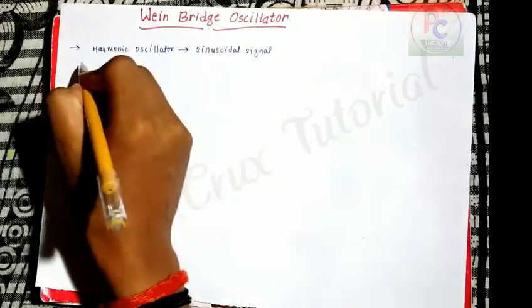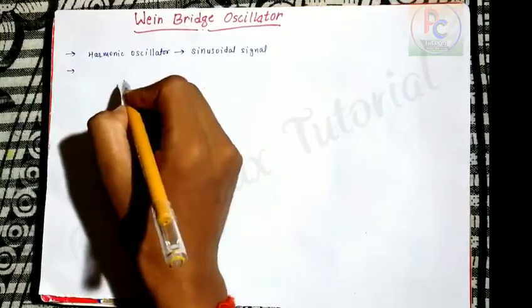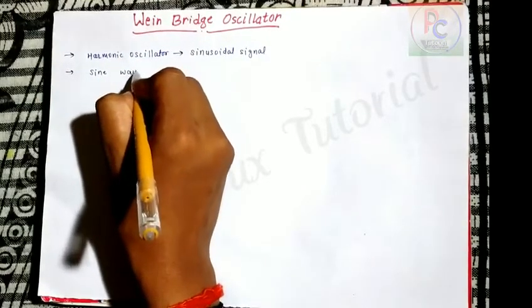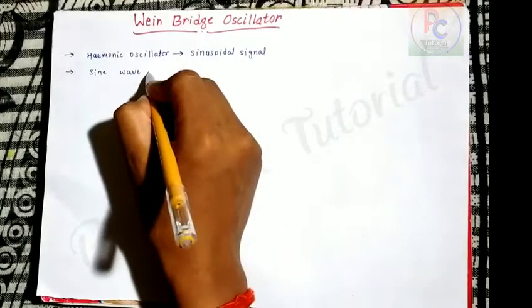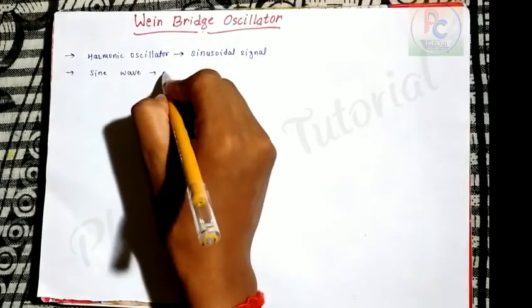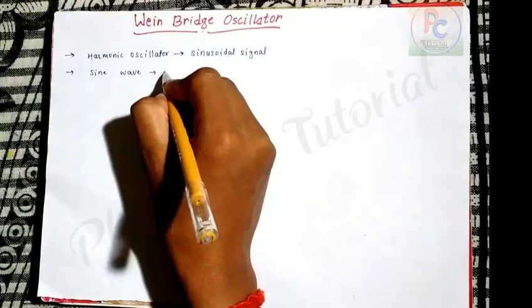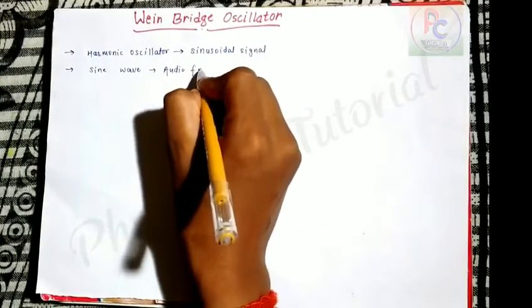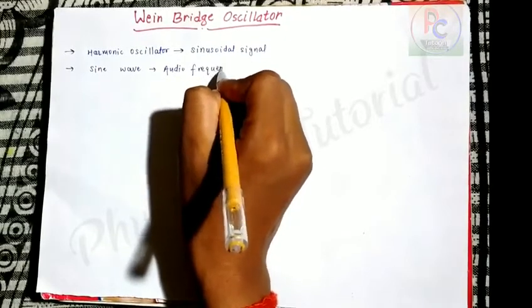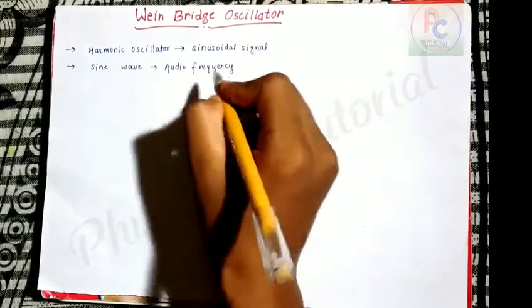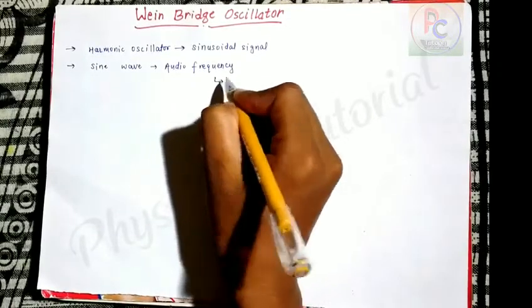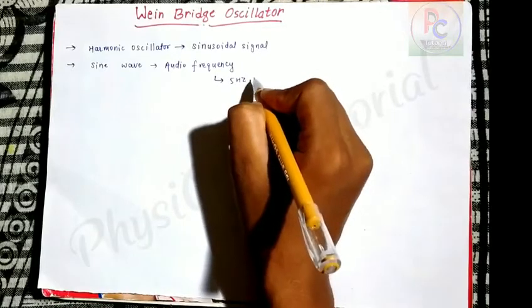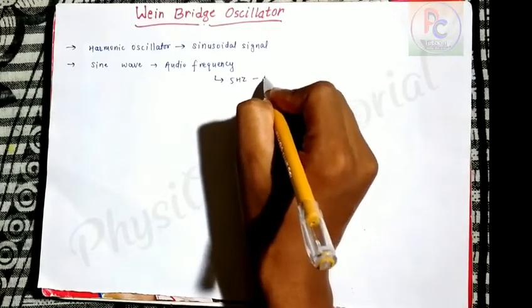It generates a sine wave in the range of audio frequency. And we know the range of audio frequency is 5 Hz to 1 MHz.